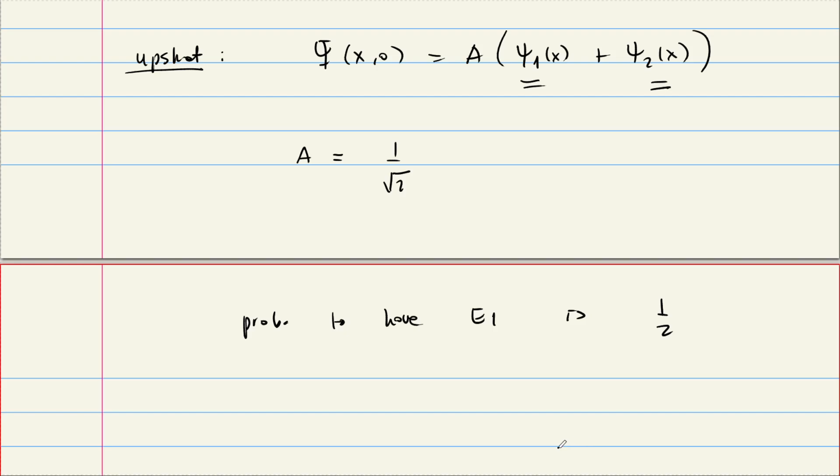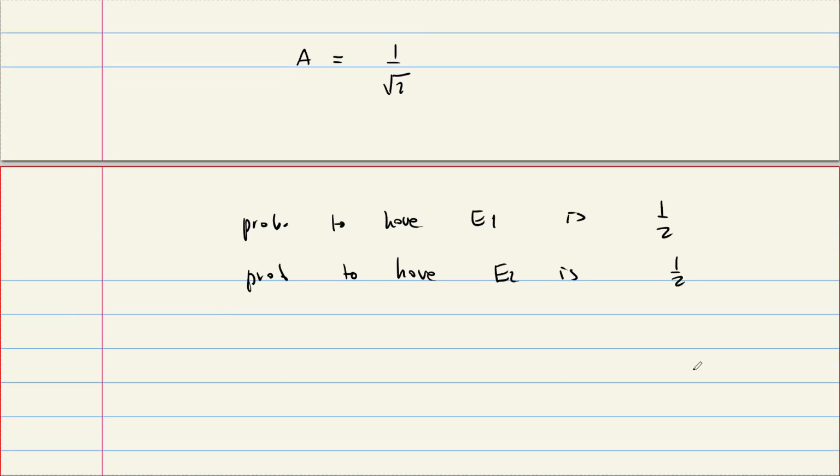Of course, if you get E1 at the first measurement, the subsequent measurements are going to give E1 100%. Similarly, the probability to have E2 is 1/2.